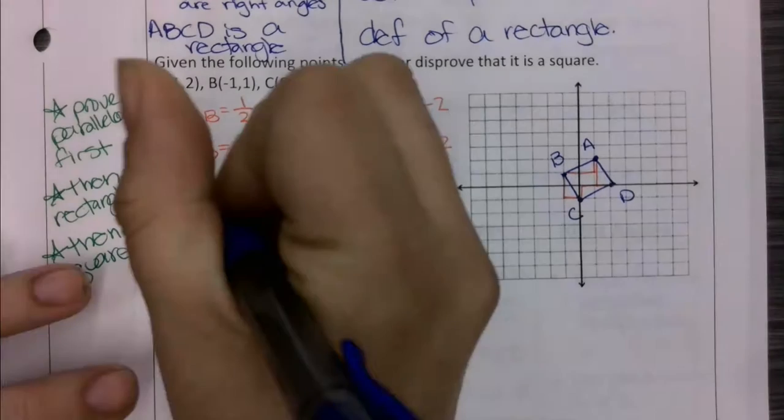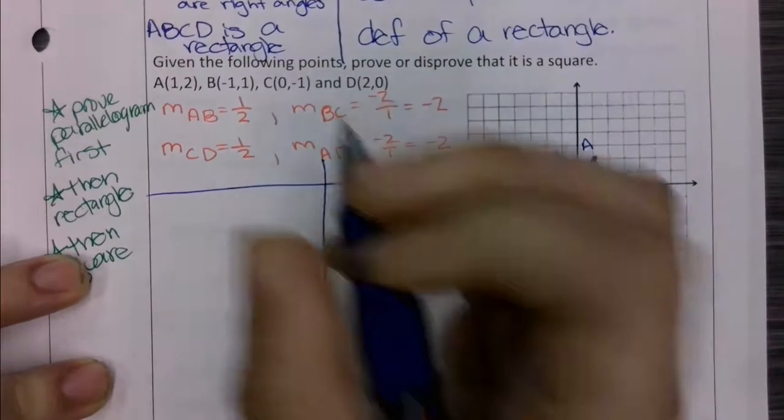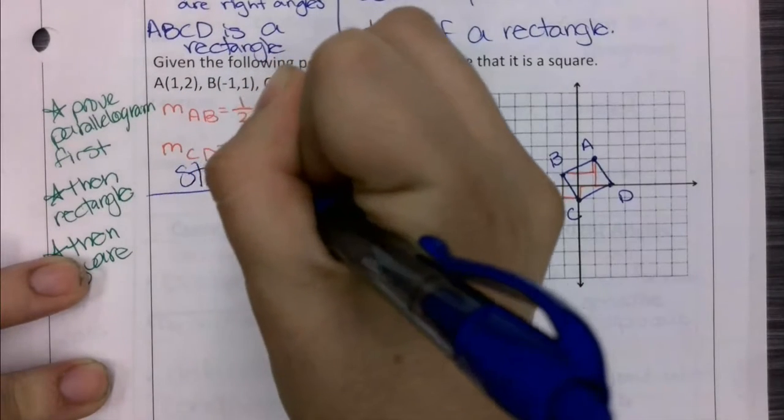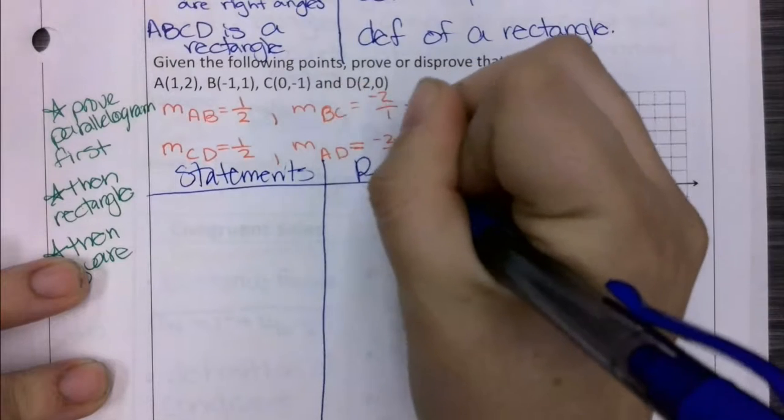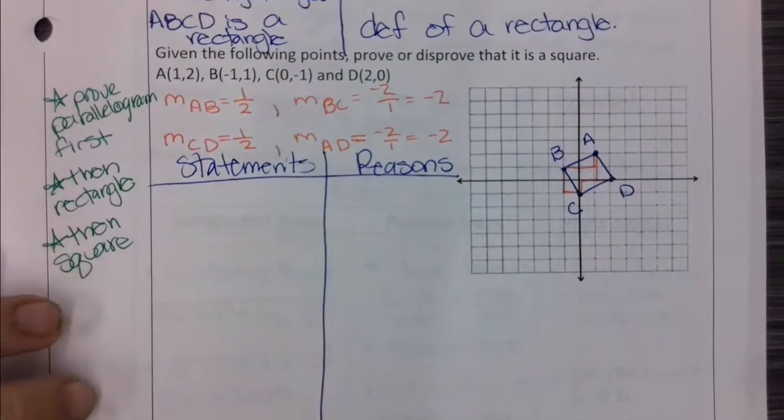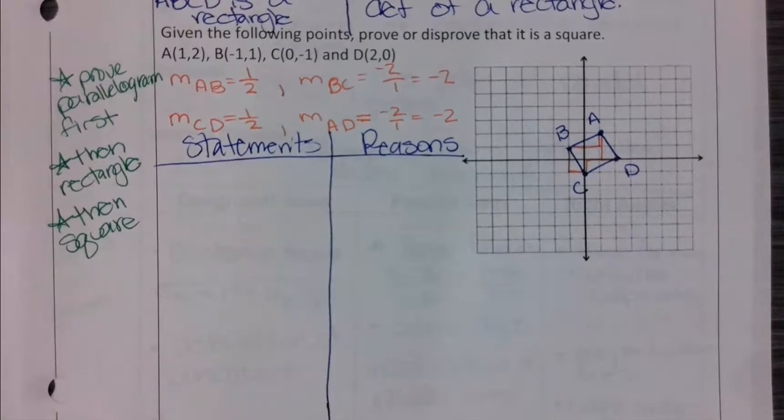Okay, then I want to go ahead and do my statements and reasons. We're going to write the slope formula part again.